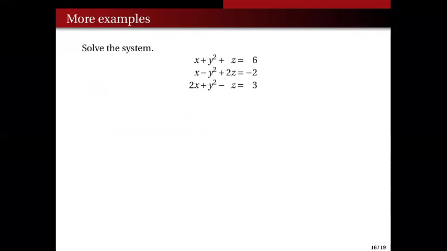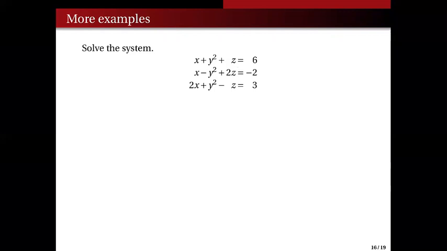And I said earlier, this is non-linear, but we can convert this to a linear system. Since I have y squared in every equation, and there's no linear y, I still have three variables. The variables are x, y squared, and z.